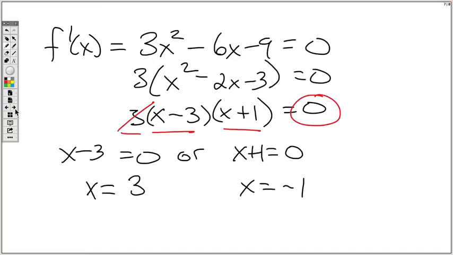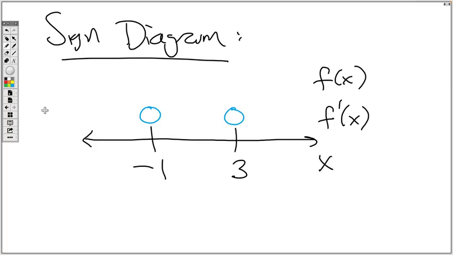And since the derivative is continuous on those intervals, I can go ahead and take any value I want. I can take a test value, and the sign, the plus or minus, will be the same regardless of which number I pick less than negative 1. It'll be the same regardless of what number I pick between negative 1 and 3.